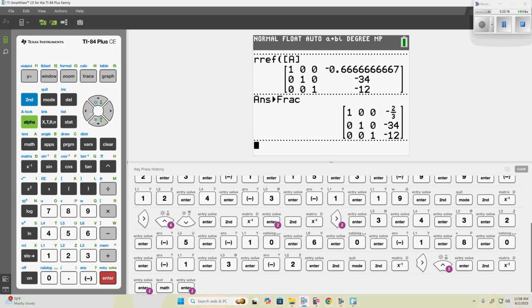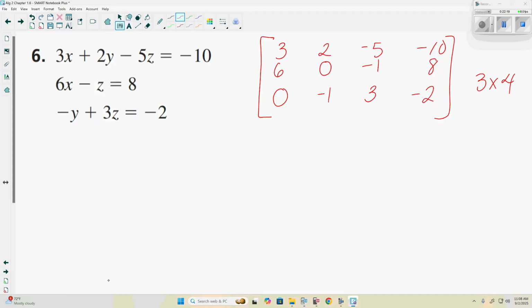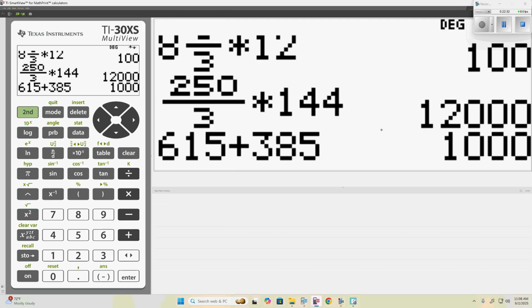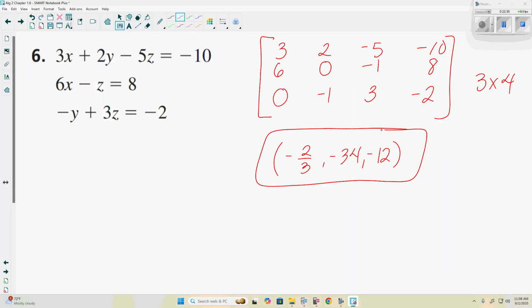So it's saying number 6 is -2/3, -34, -12.